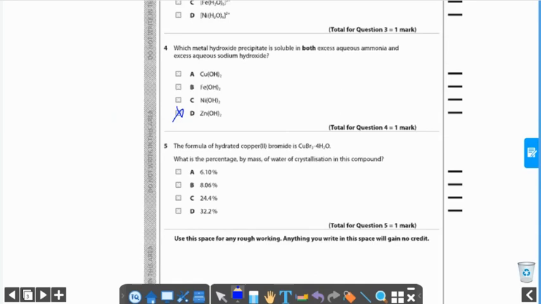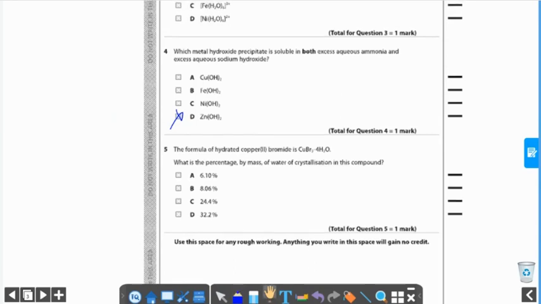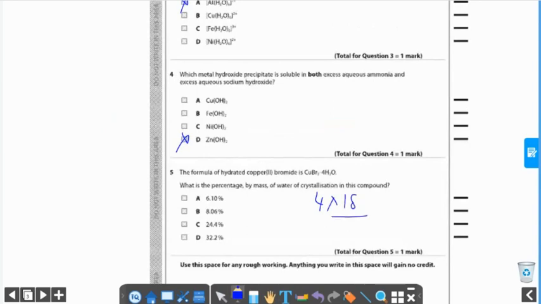So 4 times 18 divided by the molar mass of the whole complex, times 100%. I will get the answer as 24.4. Clear?